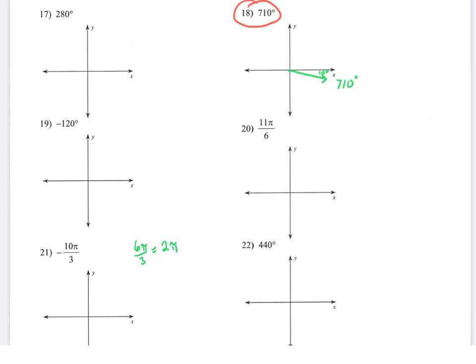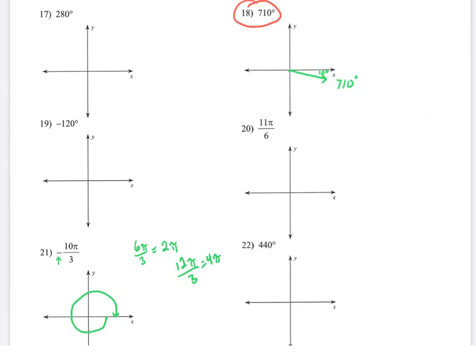And then 12 pi over 3 is equal to 4 pi. 4 pi would be 2 times around. 2 pi is 1 time around. So if I started here and I went, remember I'm negative. So negative 2 pi.